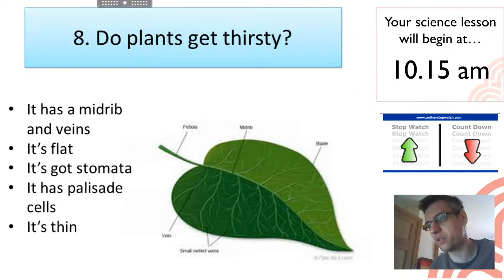That's the stuff that traps sunlight. Chloroplast, that's the place where photosynthesis happens. I haven't thought of a good way of easily remembering that. If you've got one, let me know. The leaf is also thin, so the carbon dioxide has less distance to travel to get to the photosynthesis cells.